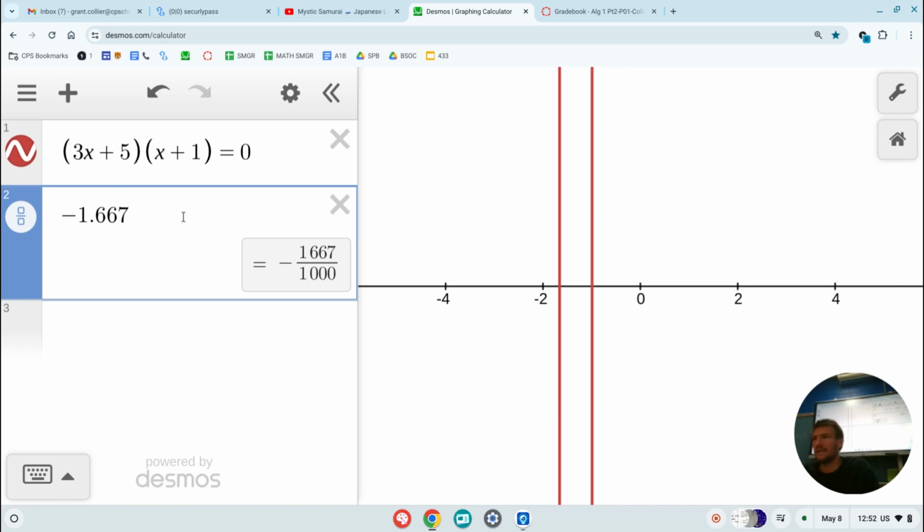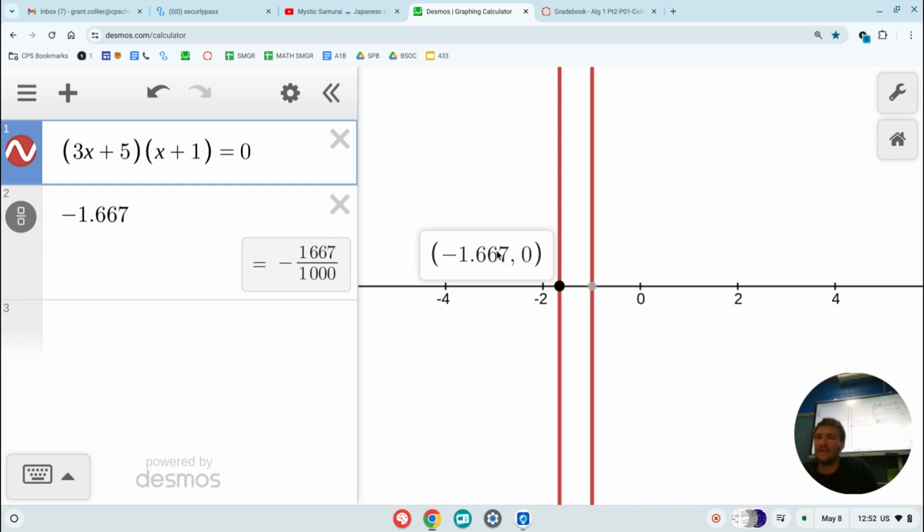What's going on here is that DESMOS, when it wanted to give us the answer, it wanted to round for us, right? DESMOS is trying to be nice. Instead of DESMOS giving 100 decimals in a row, DESMOS rounds it for us. What do you think this number was supposed to be before DESMOS rounded it?